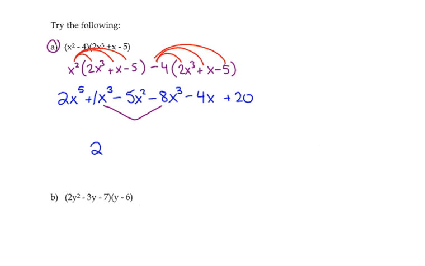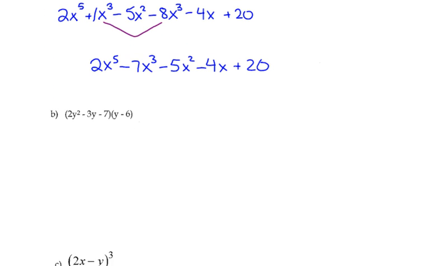So, what's 1 minus 8? Negative 7x cubed. And then we still have the minus 5x squared we have to write out, the minus 4x, and the plus 20. What would you call that polynomial? Just a polynomial, right? After 3 terms, we don't have a special name. We just say it's a polynomial.